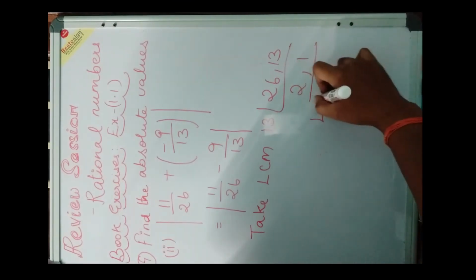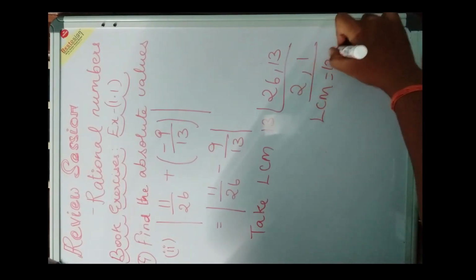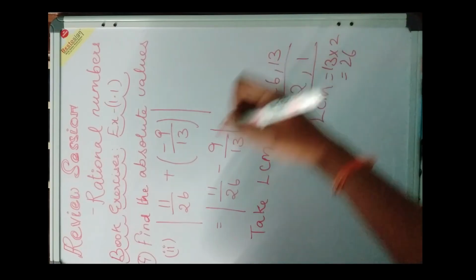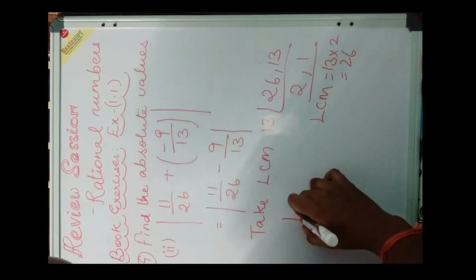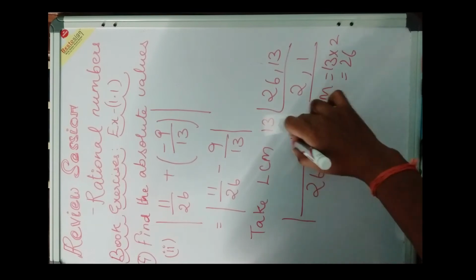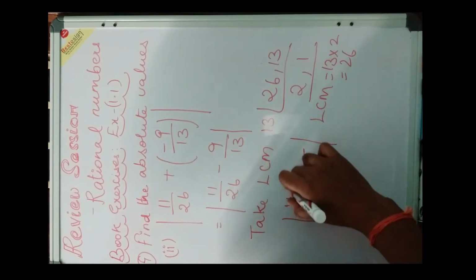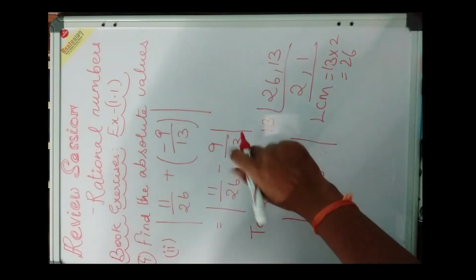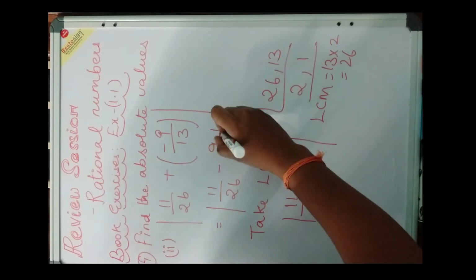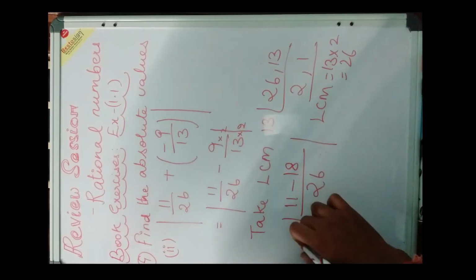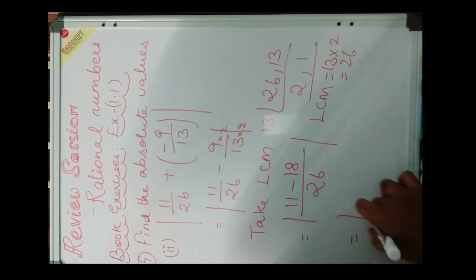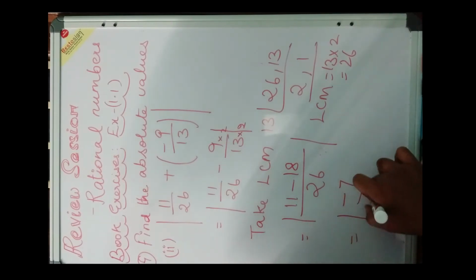So the LCM is 13 into 2, which is equal to 26. So take the LCM as 26. Here you can write it as it is, since the denominator is 26, and here you need to multiply by 2. So 9 2s are 18. So here you will get minus 7 divided by 26.